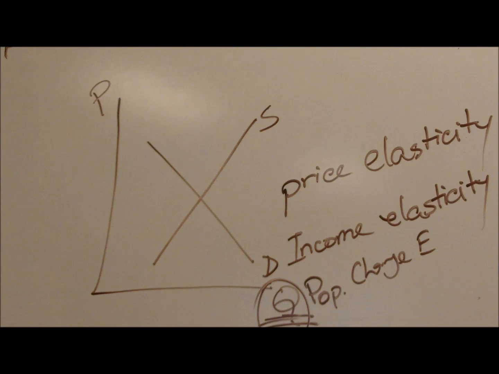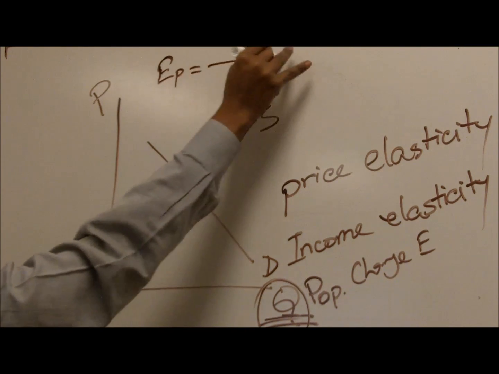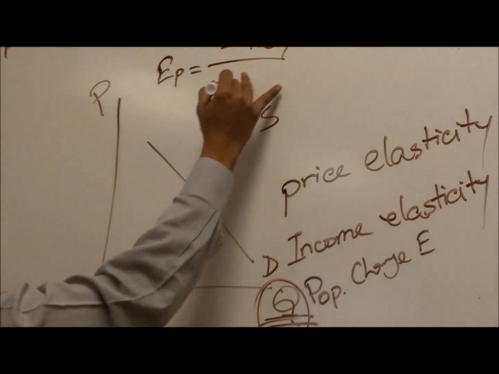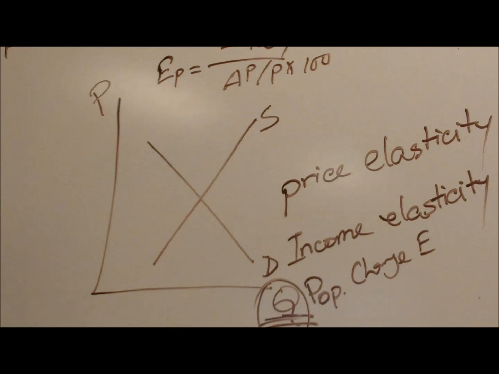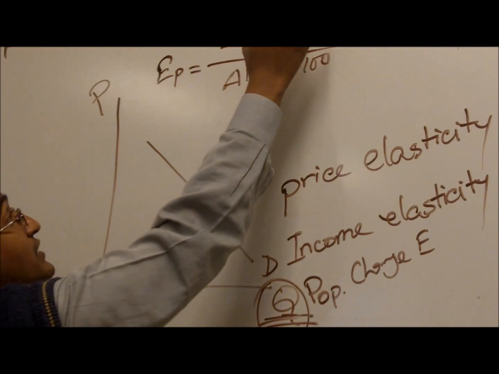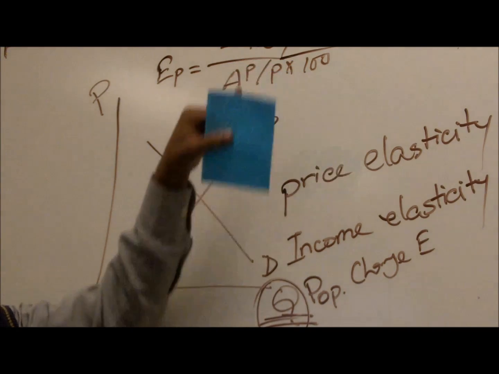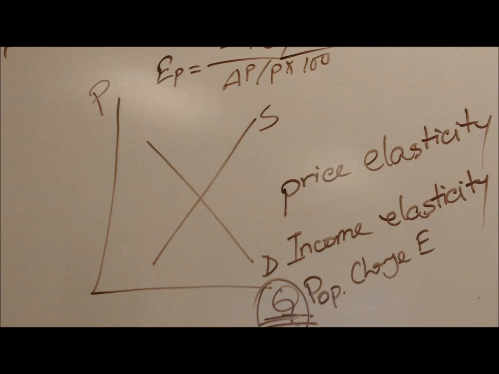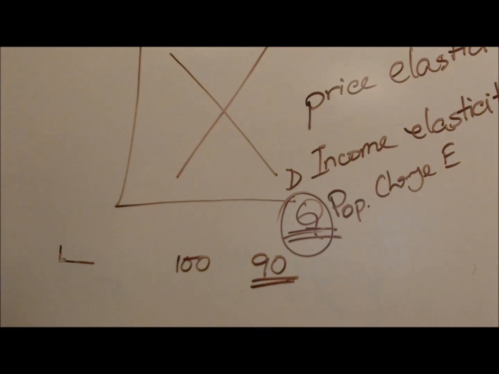So for price elasticity, we are looking at the percentage change in quantity demanded. Here, look, it was the initial quantity. We start with one quantity, and delta Q means the change in quantity demanded from the initial one. Initially say we demand 100 units, now we are demanding 90 units.